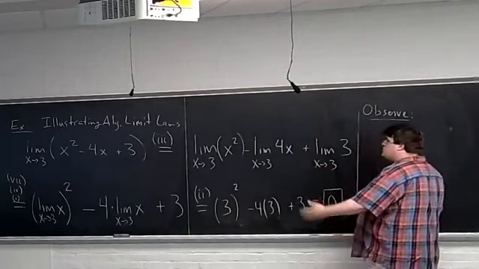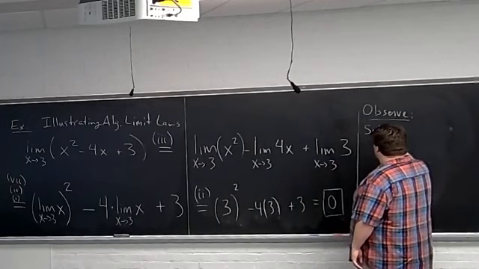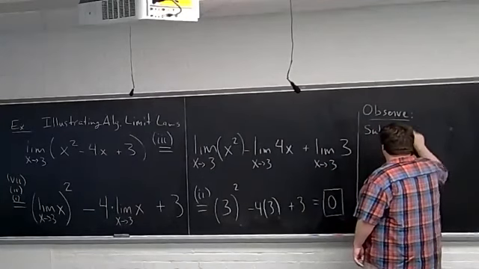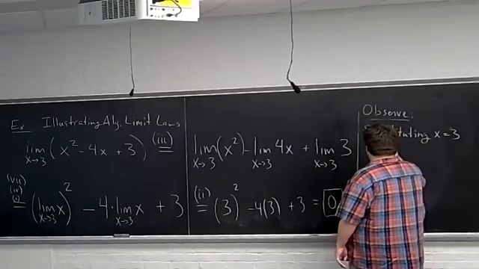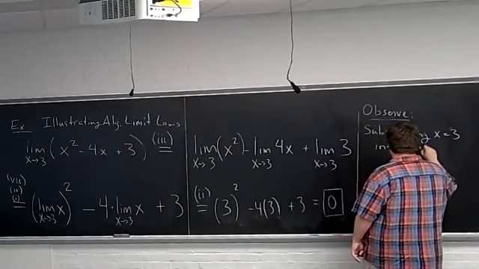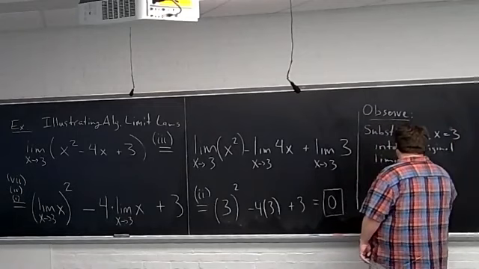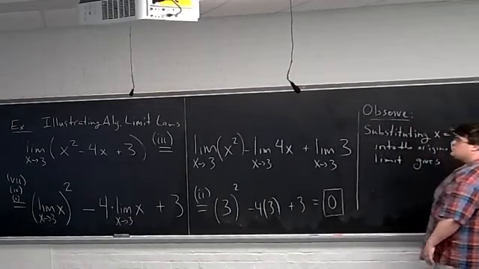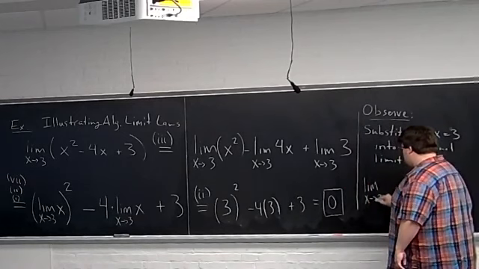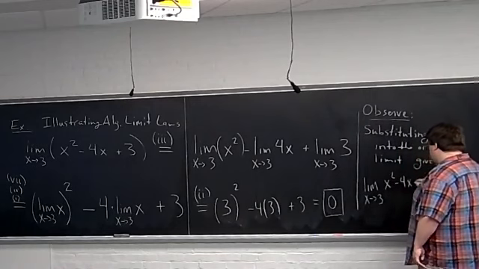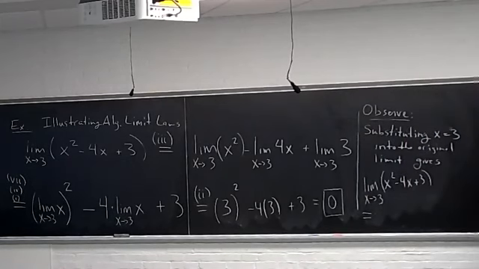What would happen if you substitute x equals 3 in that original limit? Observe, substituting x equals 3 into the original limit gives, what does substituting 3 into the original limit give? Well, it gives us the limit as x approaches 3 of x squared minus 4x plus 3 equals, substitute x equals 3.